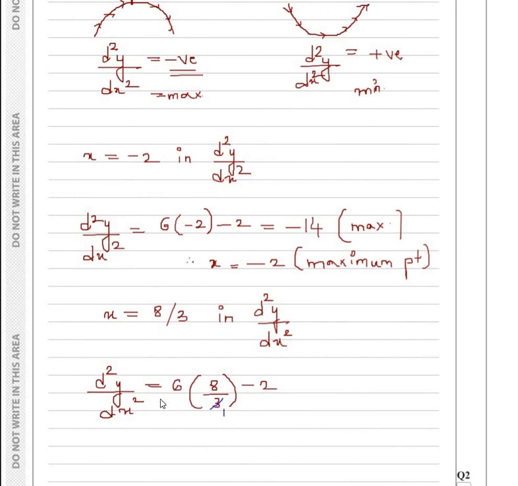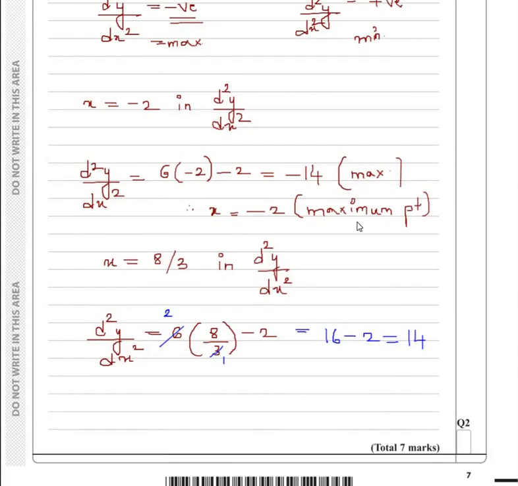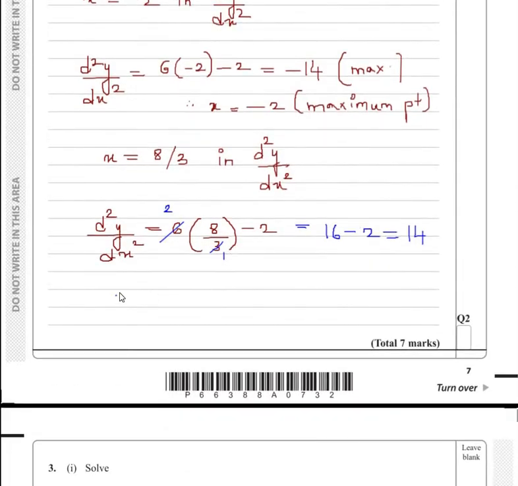This 3 one times, 3 two times, we would go in the table of 3. So it becomes 2 times 8 is 16 minus 2, which is 14. As we can see, this is positive. Hence, when our d square y by dx square is positive, we say that the stationary point is a minimum. Therefore, x equal to 8 by 3 is a minimum point.